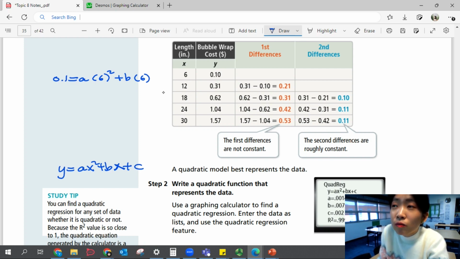And then write another equation using another point: 0.31 is equal to a times 12 squared plus b times 12. Then using the system of equations, you can figure out a and b. That could be roughly your a and b, okay?